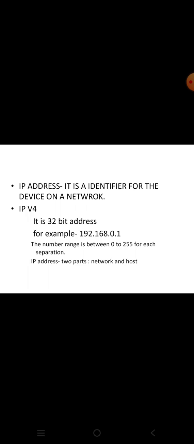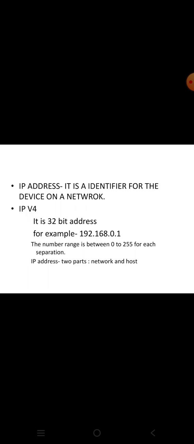Each of these is an octet, which is an 8-bit representation. 192 is given in binary form as an 8-bit representation. Also 168, 0 and 1 are each given as 8-bit representations. So combining these, the IP address space is a 32-bit address.